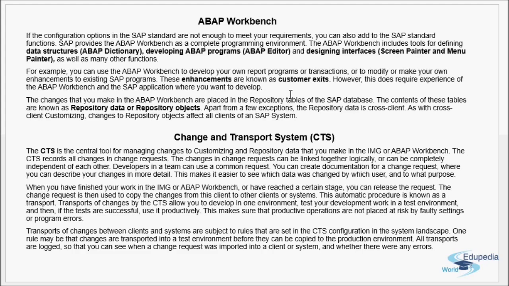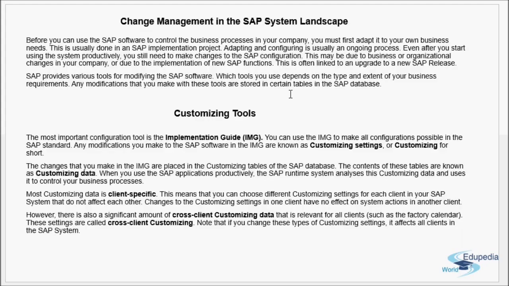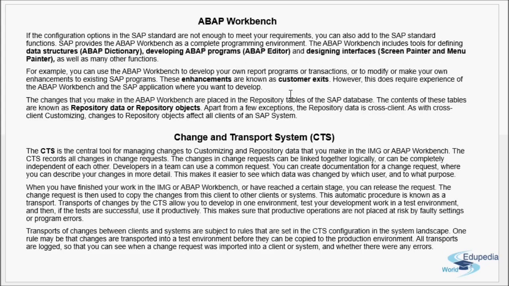So you enhance the existing SAP programs, which are known as customer exits. Most of the work which you do in the ABAP Workbench is called repository data or repository objects. So that is customizing, and this is repository, and most of this repository data is cross client, that is, it is common across all the clients.